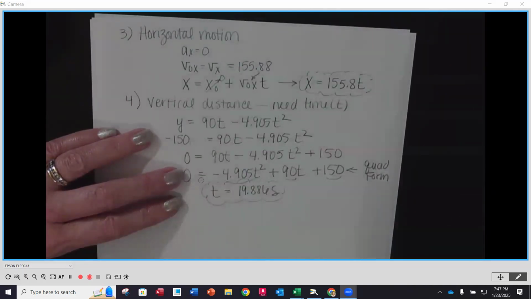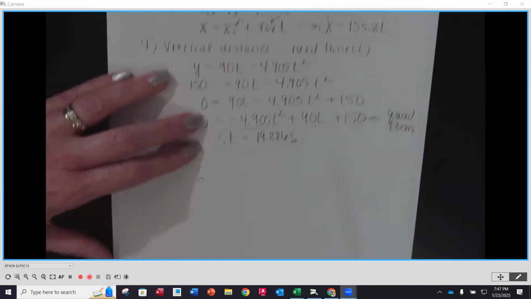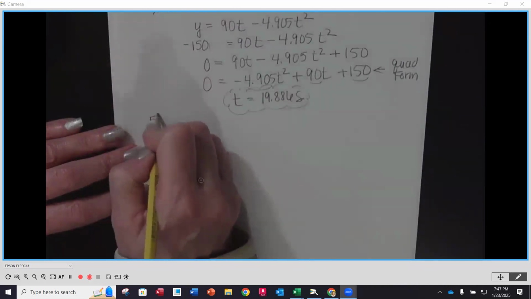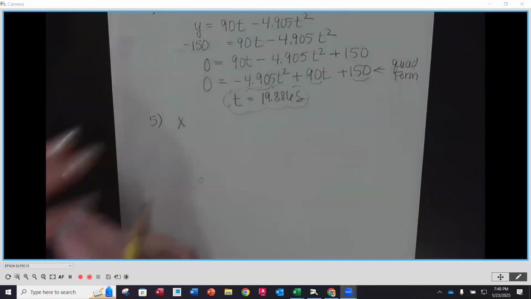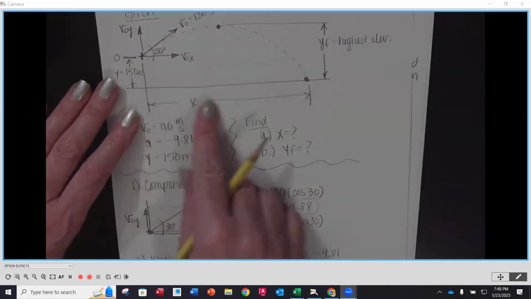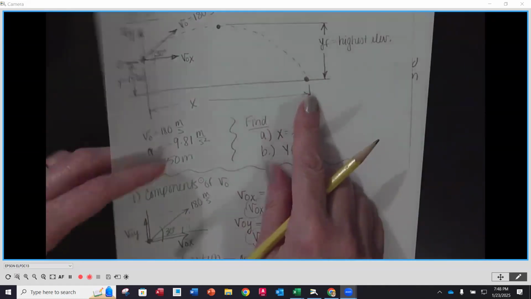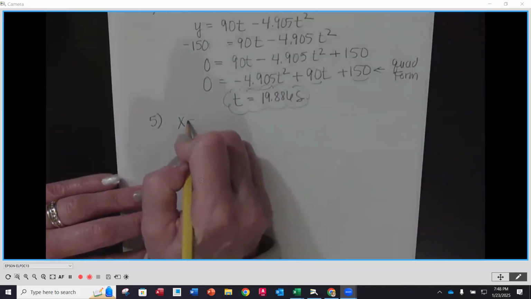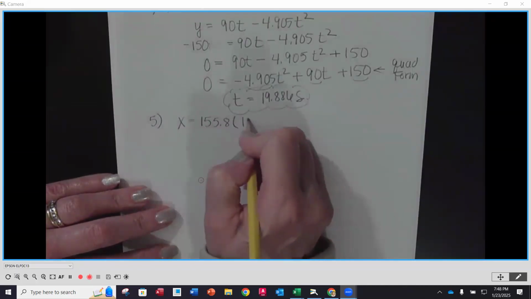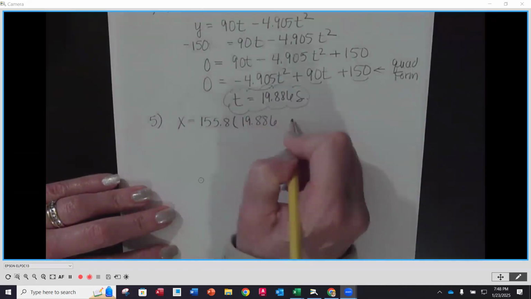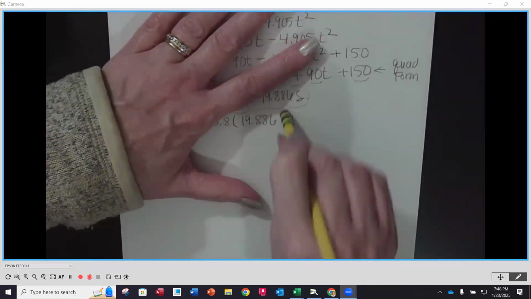So I'll know how far out I'm actually traveling. This is going to be my x distance overall, and if we go back to our little diagram, it's from the origin over to here. Horizontally, that distance that we can calculate now is equal to 155.8 times the 19.886 seconds.